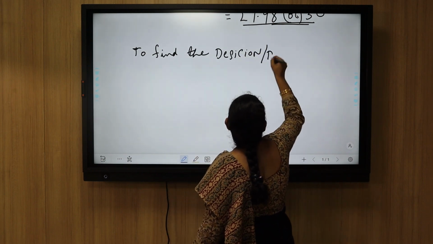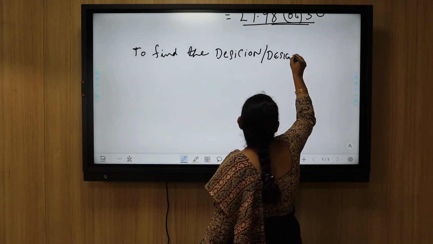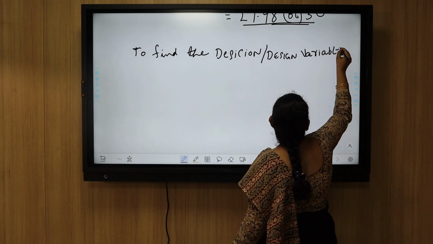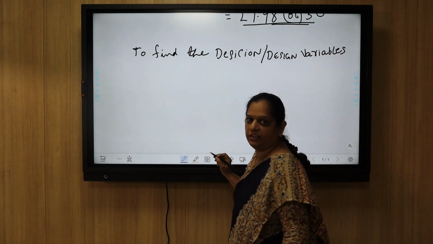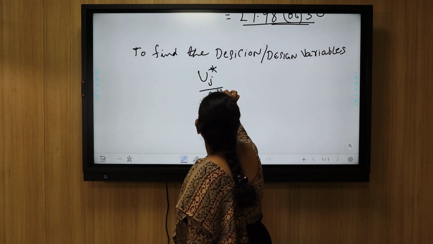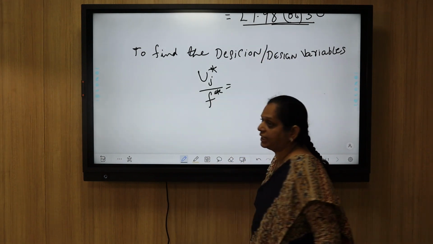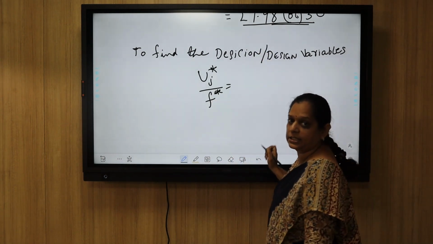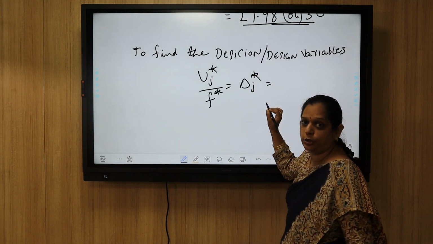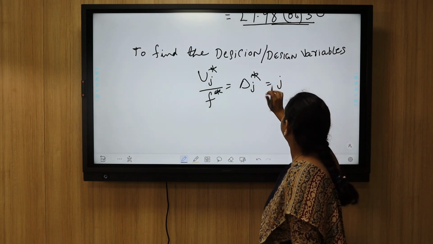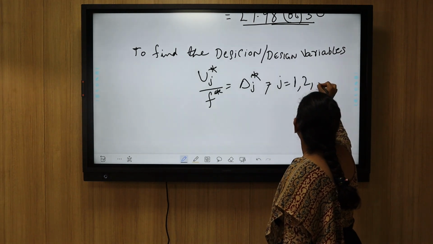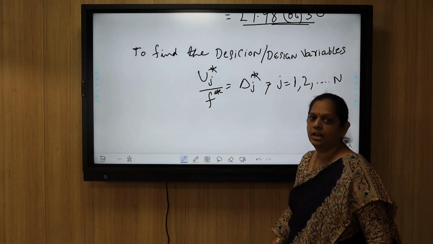To find the decision or design variables, the formula is given as Uj star by f star, where f star is the optimal value we have got now, that is 30, equal to delta j star, for j equal to 1, 2, and so on up to capital N. Capital N is nothing but 3.